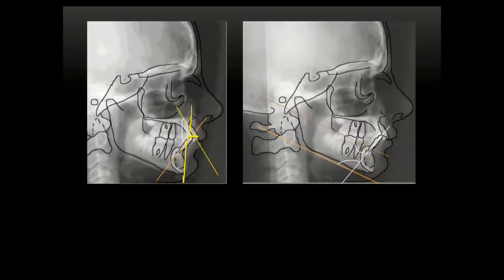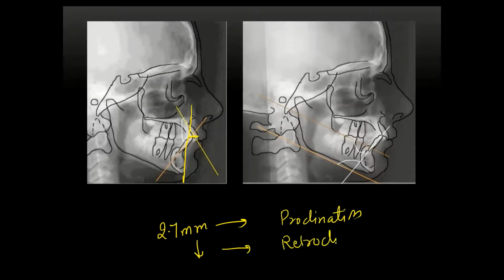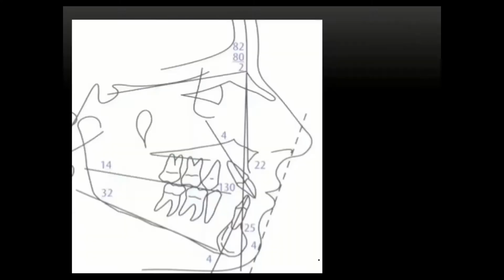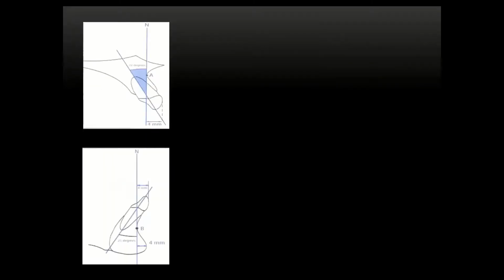This distance is actually 2.7 mm. When this distance increases, there is proclination of incisors, and when it decreases, there is retroclination of incisors. You need to remember these points, and what happens if the angle is increased or decreased.